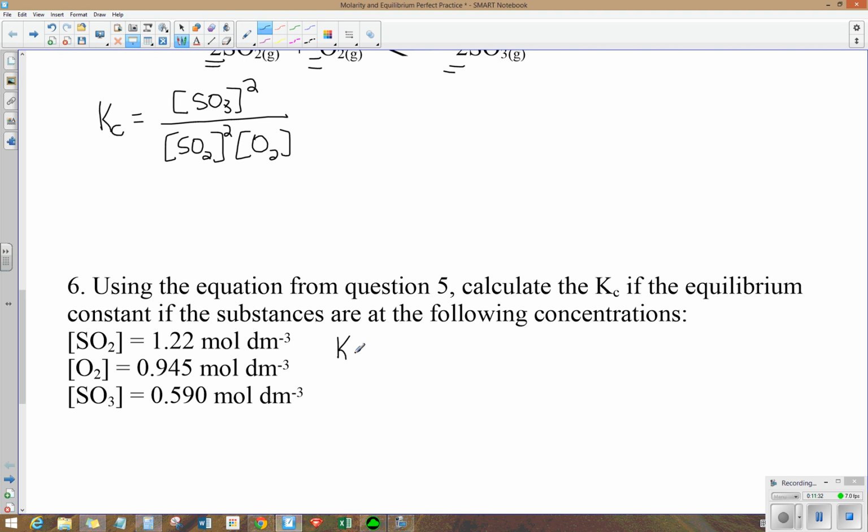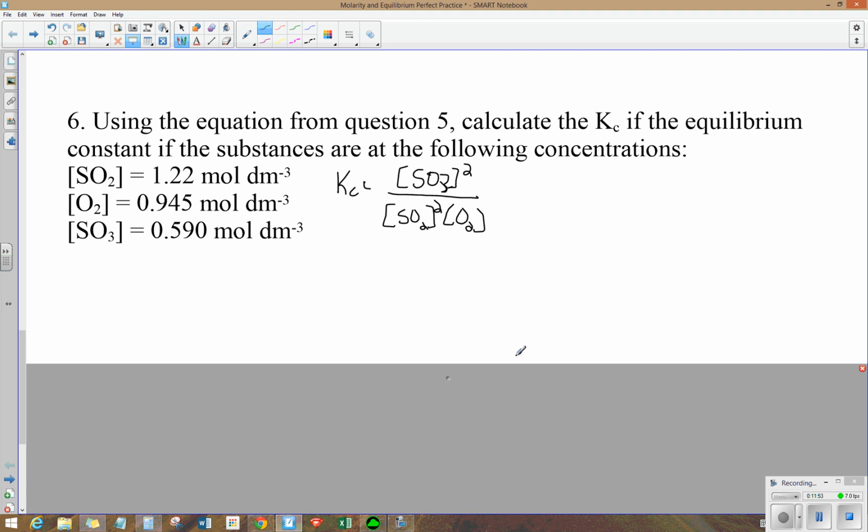So Kc is going to be equal to the concentration of SO3 squared, divided by SO2 squared times O2. And we're just going to plug in these numbers.